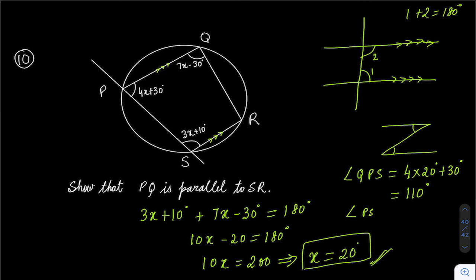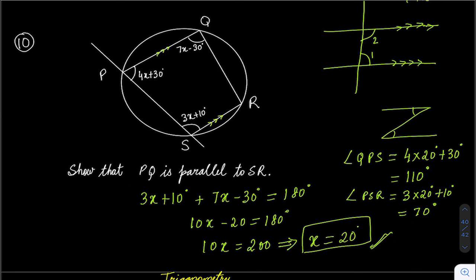What is angle PSR, that is angle S? 3x plus 10, so 3 times 20 plus 10, that is 60 plus 10, which is 70. And we can see that angle P plus angle S is 180, that is 110 plus 70. Hence, these lines must be parallel.